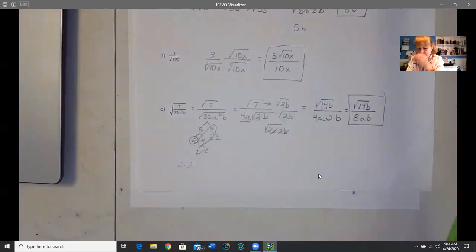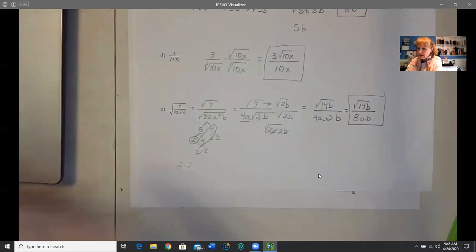That's section 10.3 and 10.4, and it was a long one. I'm sorry, but you know, if you're having trouble with these, please let me know. I went through a lot of information pretty quickly. Again, pay attention to the index. Are you looking for 3 of something?